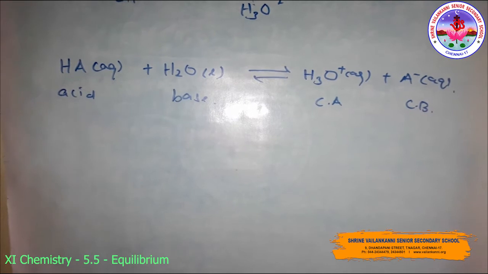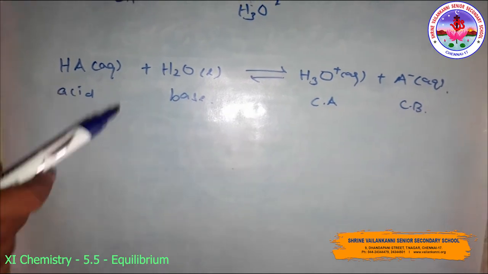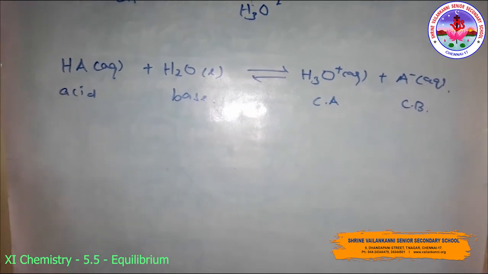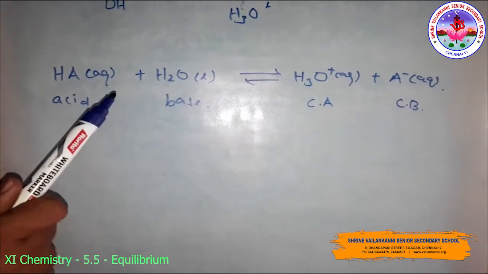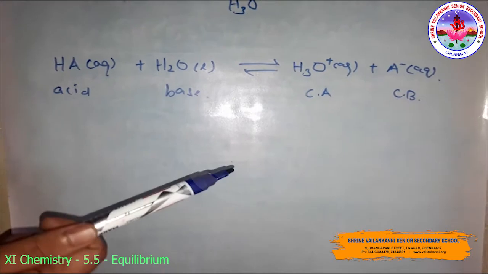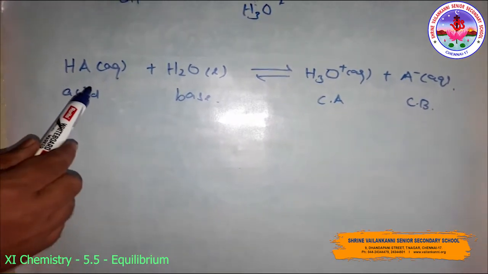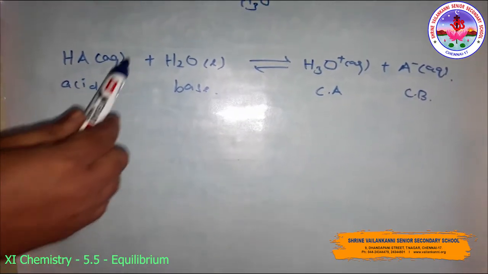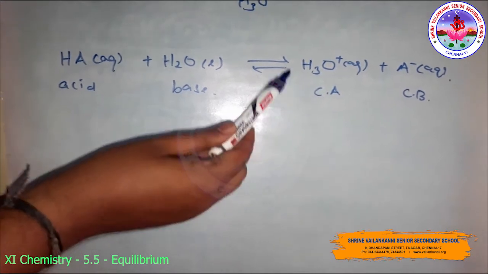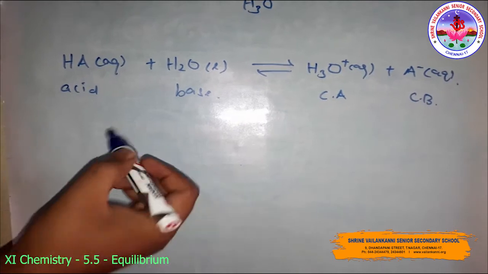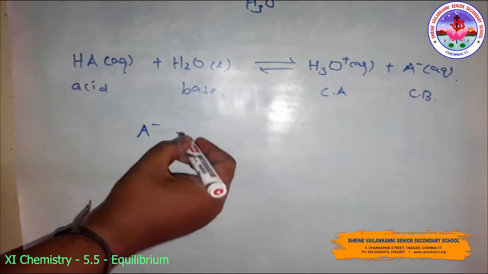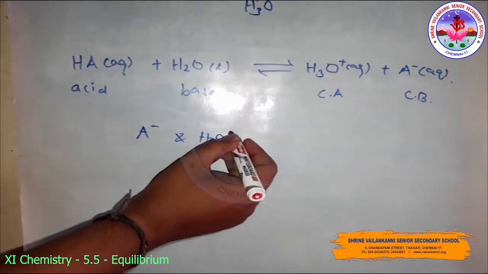Whichever exceeds in its tendency of donating a proton over the other shall be termed the stronger acid, and the equilibrium will shift in the direction of the weaker acid. So say HA is a stronger acid than H3O plus, and then the solution will mainly contain A minus and hydronium ions.